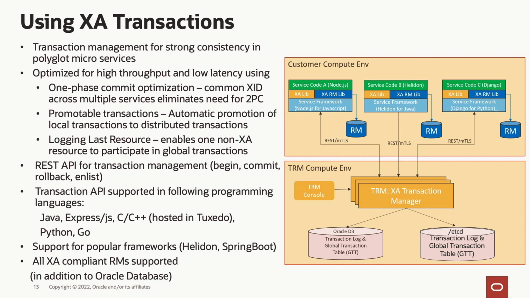So in this case, what we do is we allow one non-XA participant to participate in a global XA transaction. And we do that by allowing the transaction manager to say, okay, this non-XA transaction becomes the determiner of the outcome of the transaction.